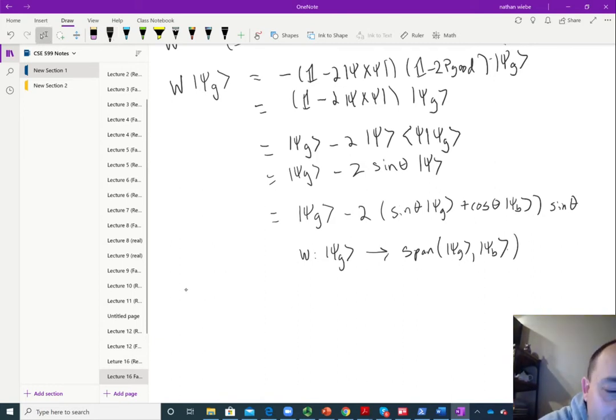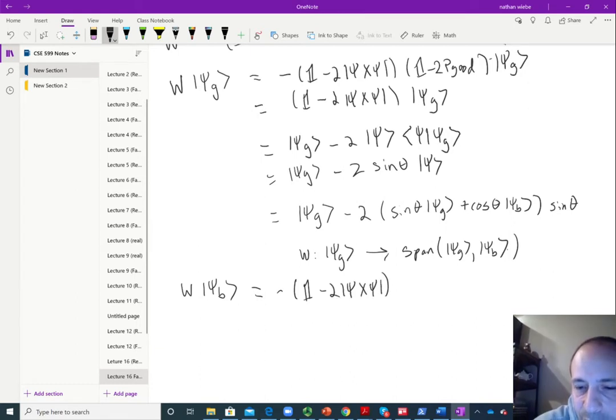Now, let's look at what happens when we operate on the bad vector. This is equal to negative (identity minus twice the projector onto the initial state) times the reflection operator that reflects about the good space, operating on the state psi b.